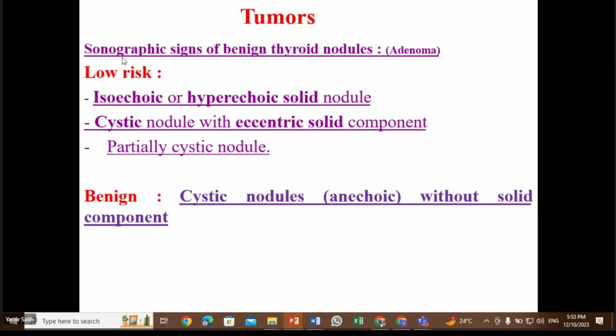Also, you should know how to differentiate between benign and malignant tumors, the features of high risk or low risk lesions on ultrasound.